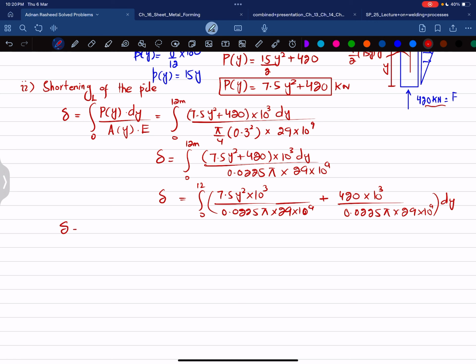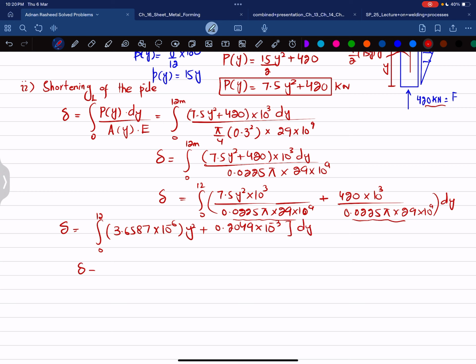Now in this change in length, the term 7.5 into 10 raised to power 3 y square divided by this will give us 3.6587 into 10 raised to power minus 6 y square, plus this term will give us 0.2049 into 10 raised to power minus 3, and we will multiply it with dy.